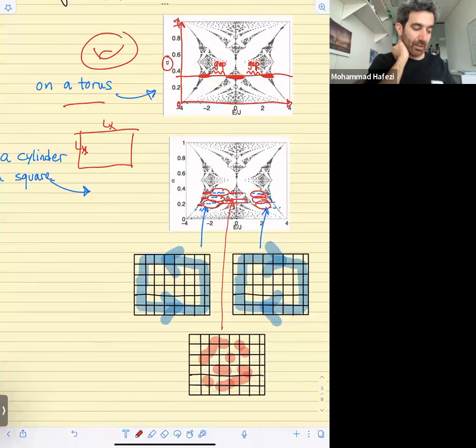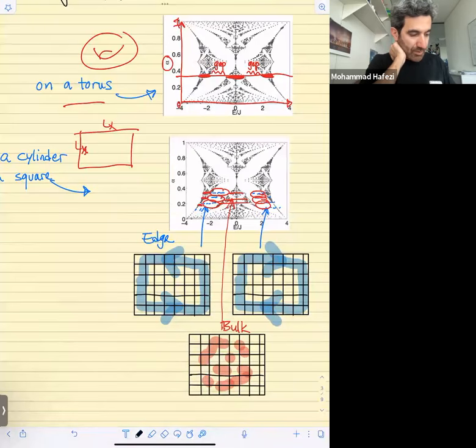If you look at their profile, either the current or the density, you see that they are confined around the edge of the system, while these are concentrated in the bulk of the system. So that's why you call these bulk states, and you call the others edge states. Okay?